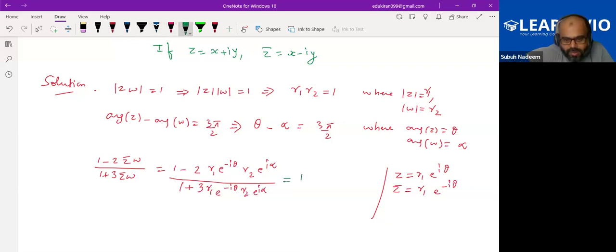So this is (1 minus 2 R1 R2 e to the power minus I (theta minus alpha)) by (1 plus 3 R1 R2 e to the power minus I (theta minus alpha)). Okay, first write till here.